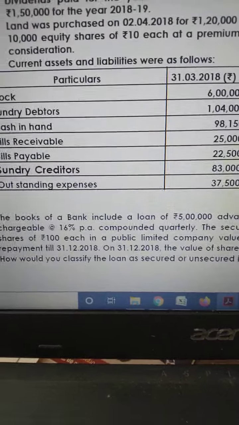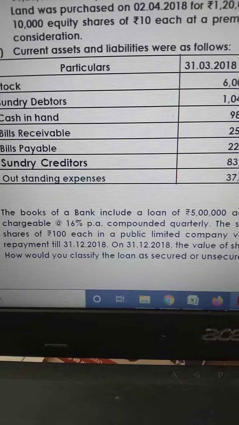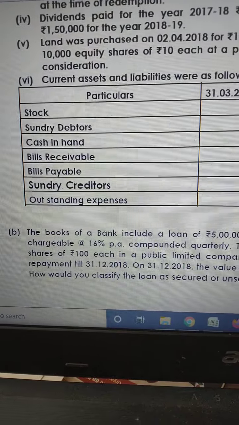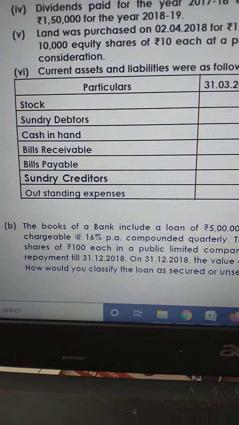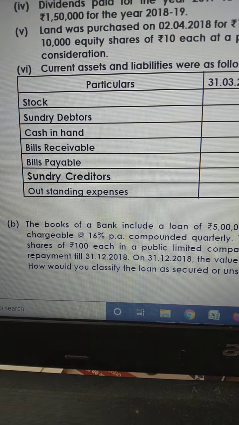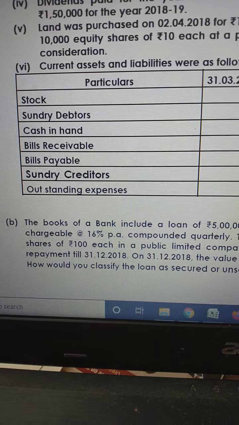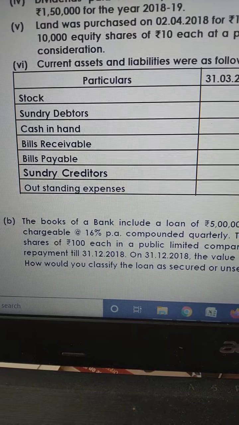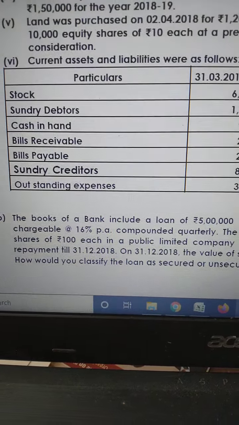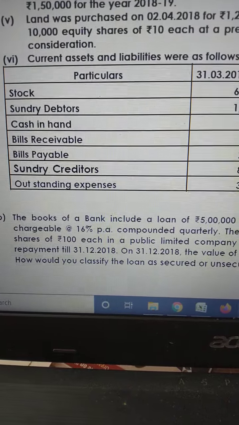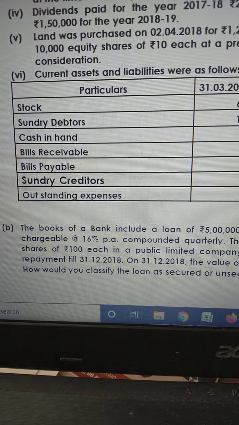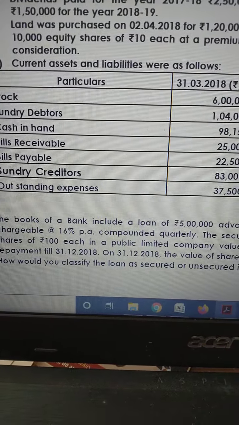All of you will know about working capital. Working capital is the capital used for running the business. To operate the business we need some money, that is working capital. We have to understand which one is a working capital item and which one is not.